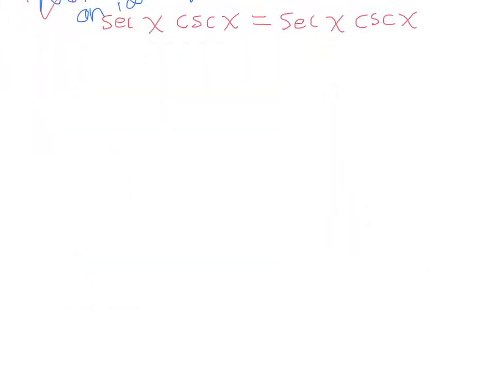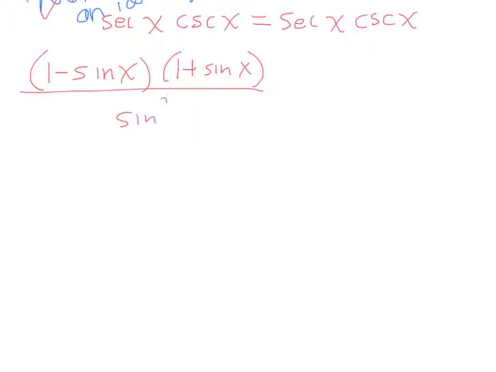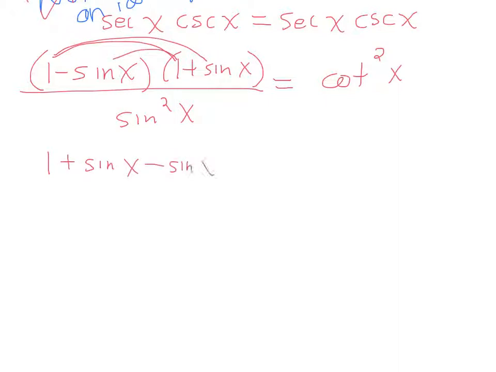This problem, we have 1 minus sine of x and 1 plus sine of x, divided by sine square of x. It's supposed to be equal to cotangent square of x. Okay, so the idea from Brenda of multiplying those two using the FOIL method like on the previous problems, when you multiply that, that's going to be 1 times 1 is 1, plus sine of x minus sine of x, and the last is minus sine squared of x.